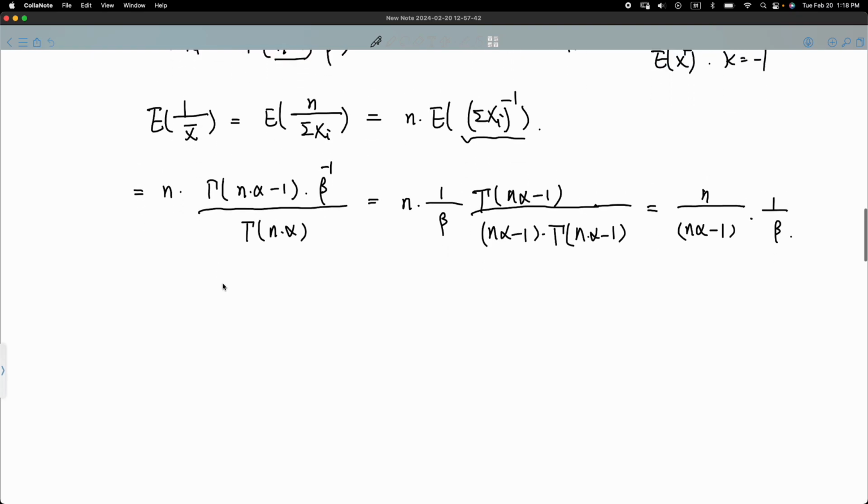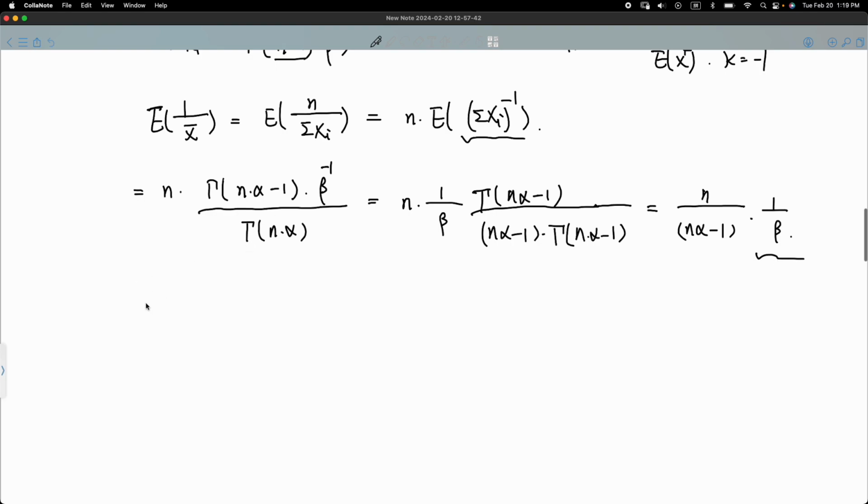Yeah, so we need to construct an estimator such that the expected value is only equal to 1 over beta. So that means we can multiply the inverse of this constant or this fraction in the front of this estimator, such that the expected value of that will be equal to 1 over beta only.